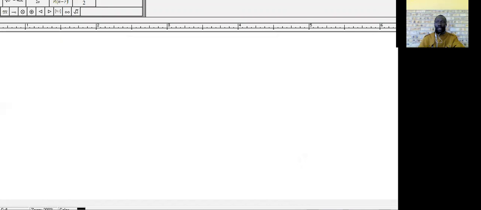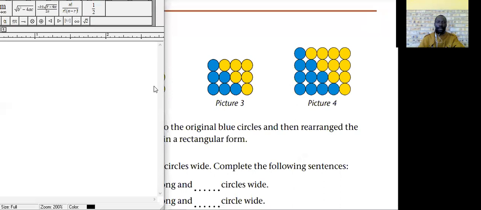All right. So what we have here is the number starting with 2, then followed by 6, then 12, then 24.